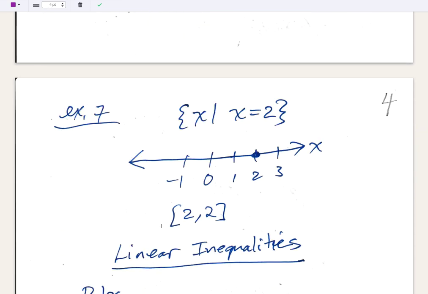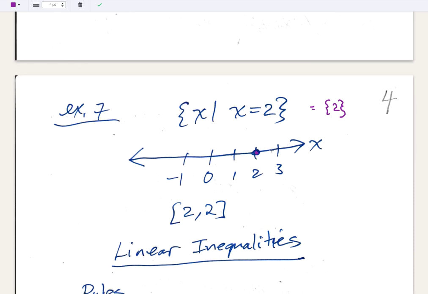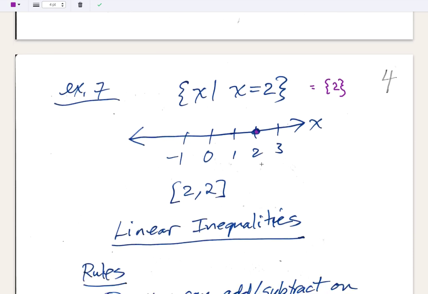Let's look at example 7. The set of all x such that x is 2. That's just a funny way of writing the set 2. If you were to graph that on the real number line, you would just put a filled-in dot at 2 and nowhere else, right? What would be the interval notation in that case?